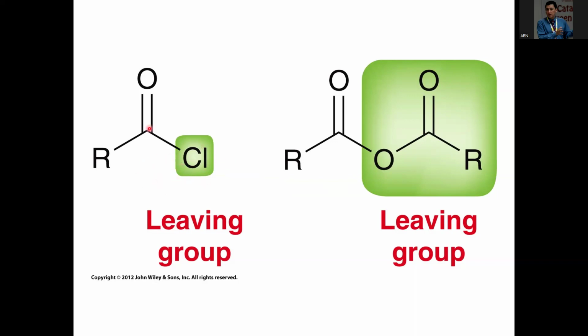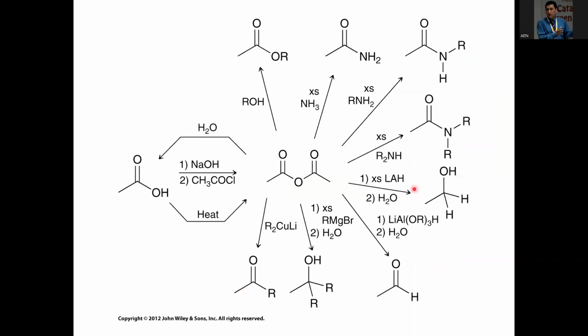Moisture of air can even do the hydrolysis at room temperature. So if you are working with acid halides, they have to be kept in the freezer, under controlled pressure and temperature, because they are very reactive. But in terms of reactivity with a nucleophile, they have about the same response.